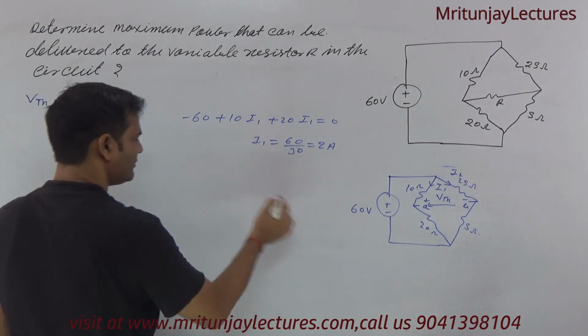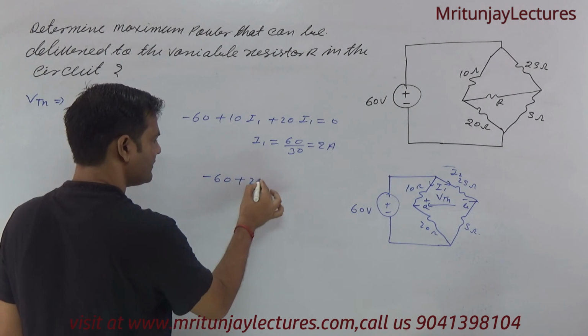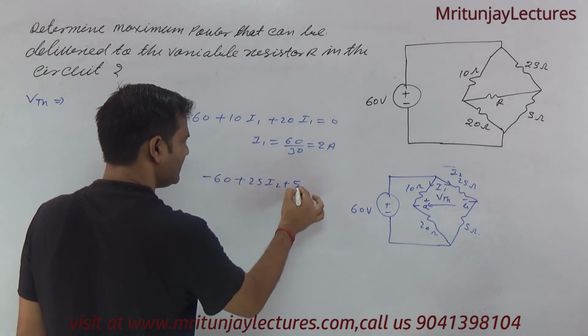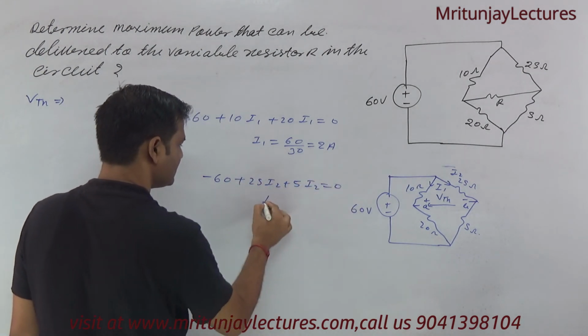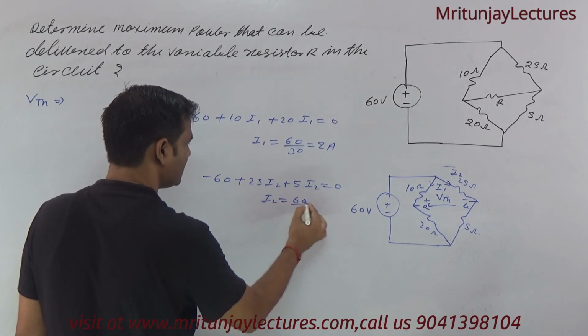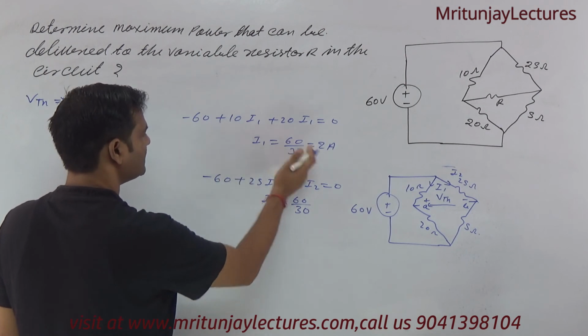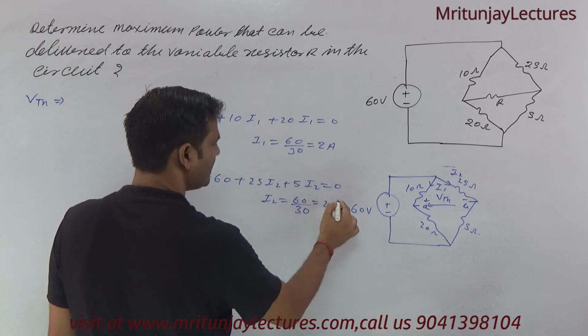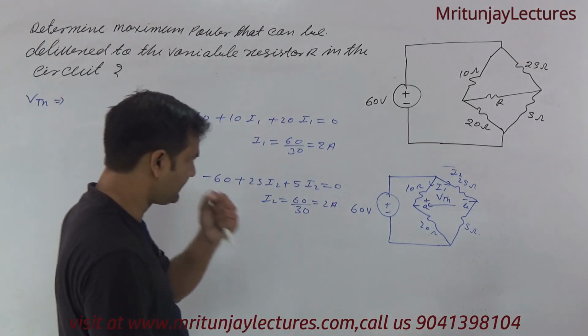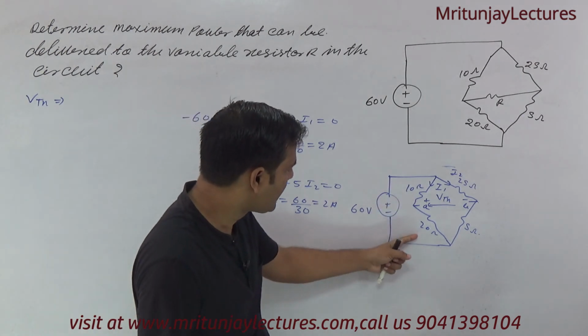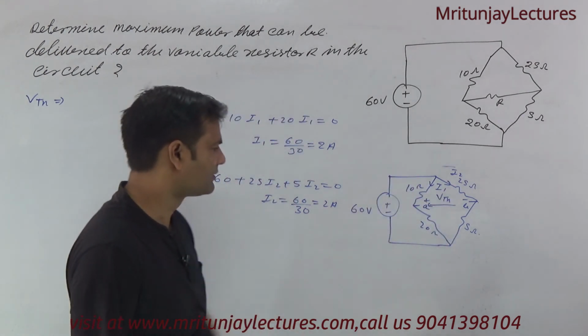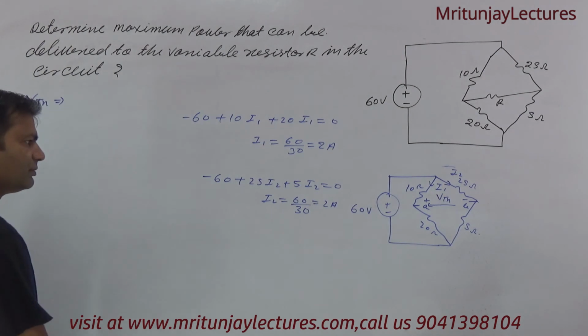Now the other way: 60 plus 25 I2 plus 5 I2 equals 0. So I2 equals 60 by 30, sorry, the same 2 ampere, since that is 30 and this is also 30. So in both procedures the current is 2 ampere.